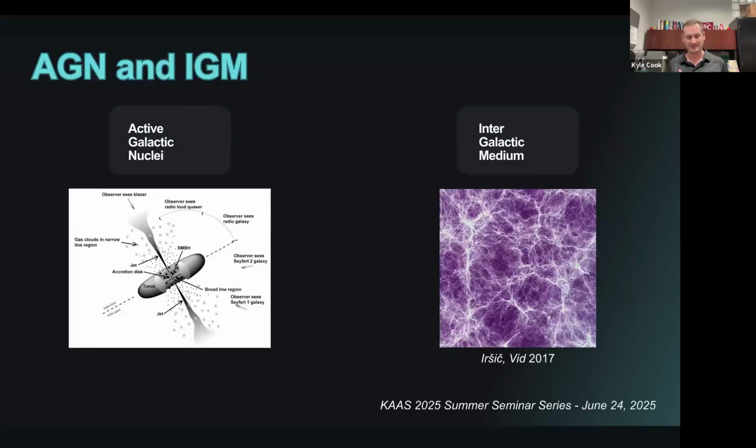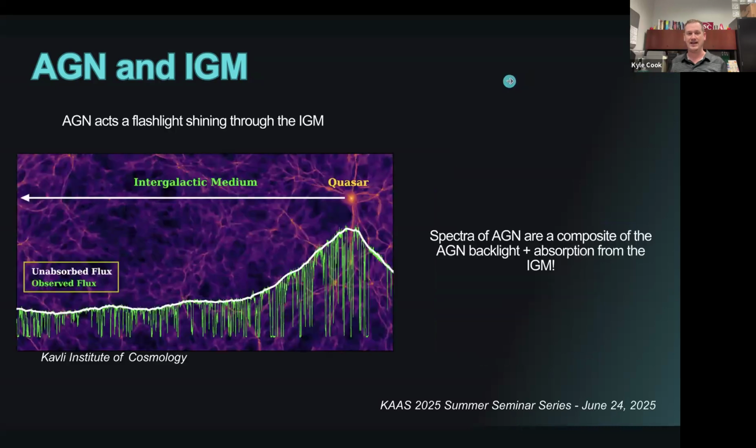And galaxies don't exist as closed systems. In fact, they interact with the intergalactic medium quite a bit. So we want to understand that IGM, and AGN can act like a flashlight shining through the gas clouds of the intergalactic medium on its way to us. So you can get really interesting spectra out of the light.